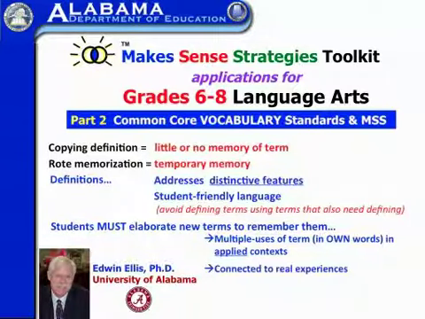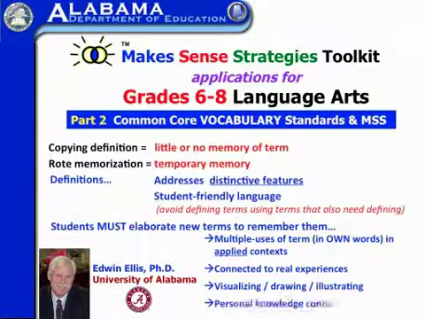Another is that students have to take these new terms and connect them to real life experiences in some way. Likewise, elaborations that involve visualizing or drawing or illustrating what the term means also really help students remember the meanings of new terms. And also what's really critical is they make personal knowledge connections.